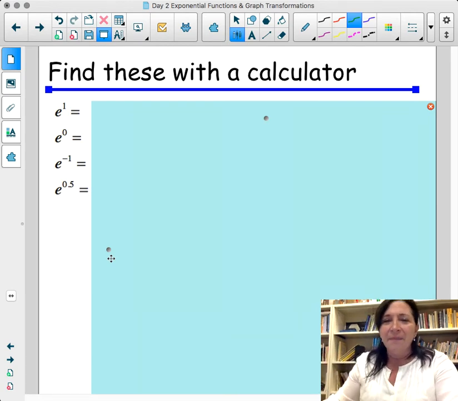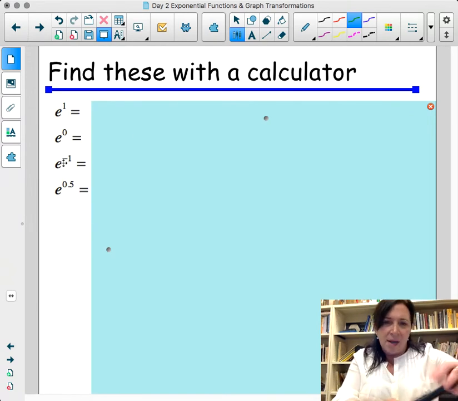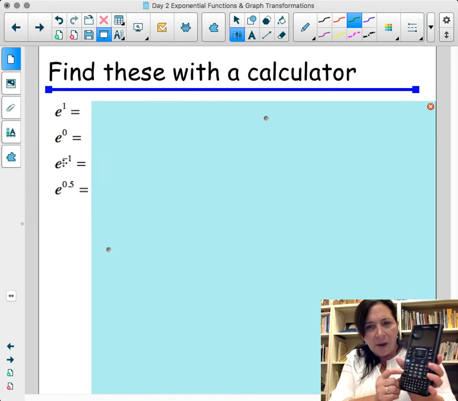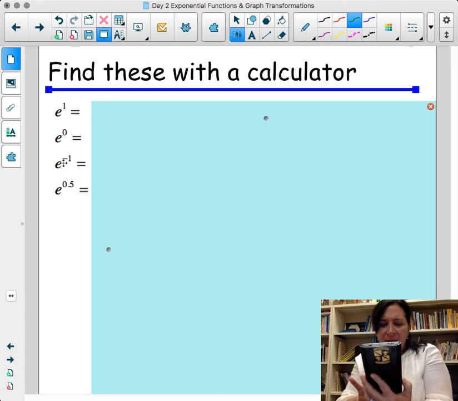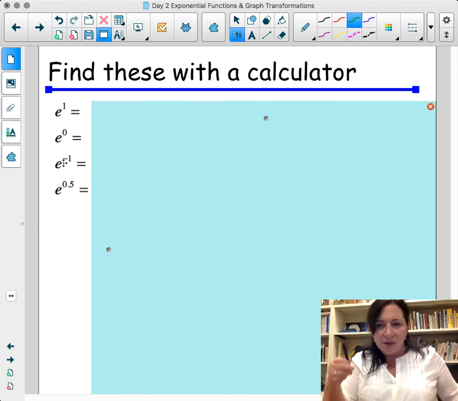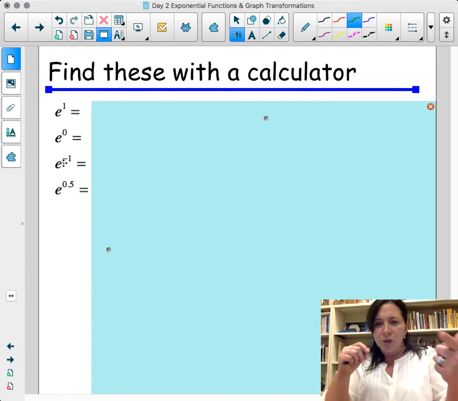And plugging in e to the 1, e to the 0 power, keep in mind there is a button here that does say e right here, and that actually is what you want to push. When you push that, it says e to the x power. The x is going to be like an open box, and that just basically means that's where you put the 1.